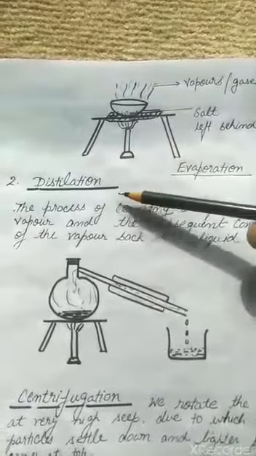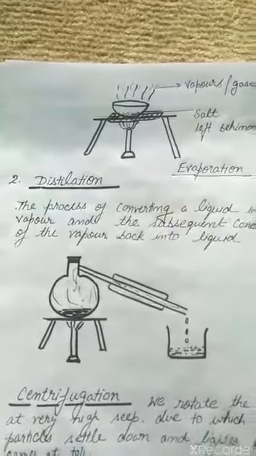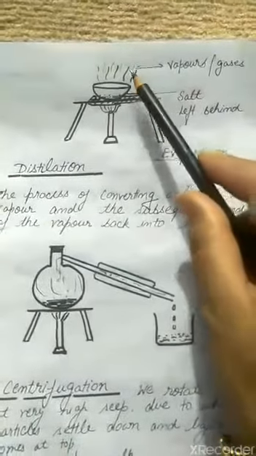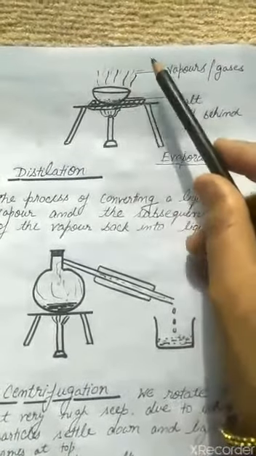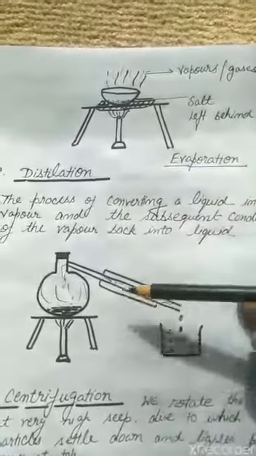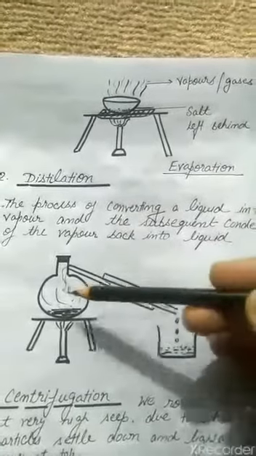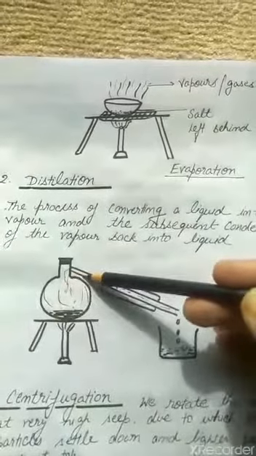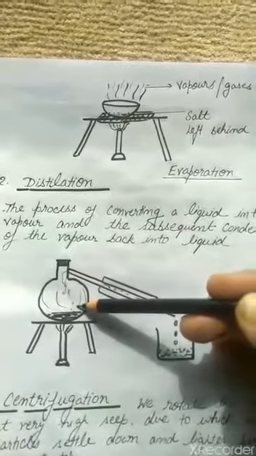Now next is the distillation process. If we need this water which gets vaporized also, then in that case we use the distillation method. Means we start heating in this process in a round bottom flask.